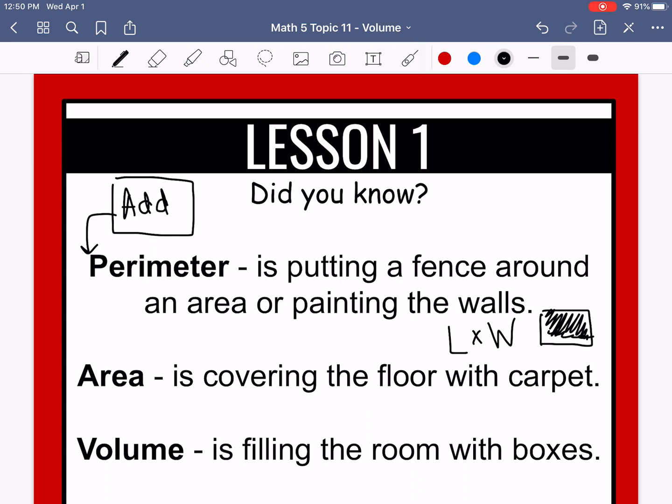Now we are going to be looking at volume. So the same picture, we're going to take our room, but we are going to put walls and a ceiling on it this time, and we're going to fill it all the way up. We want to know how many stuffed animals you can put inside of this room.